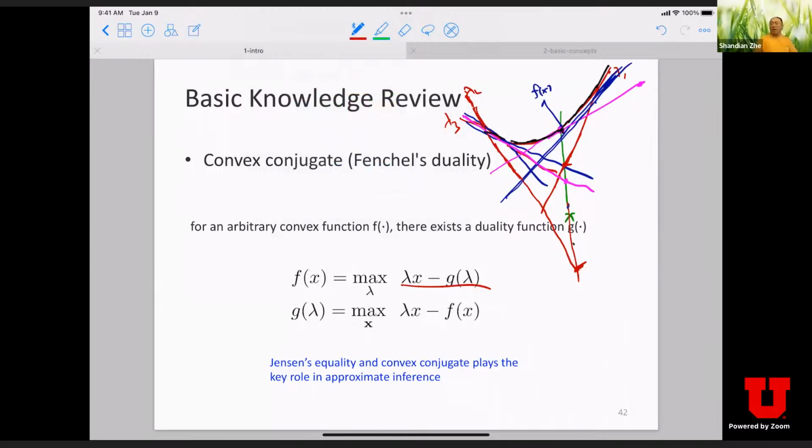I'll explain it with the second definition, that is, g of lambda is written as the maximum of lambda x subtracted by f of x with respect to x. You will see that doing this optimization gives you the intercept when you use lambda as the slope to construct your tangent.